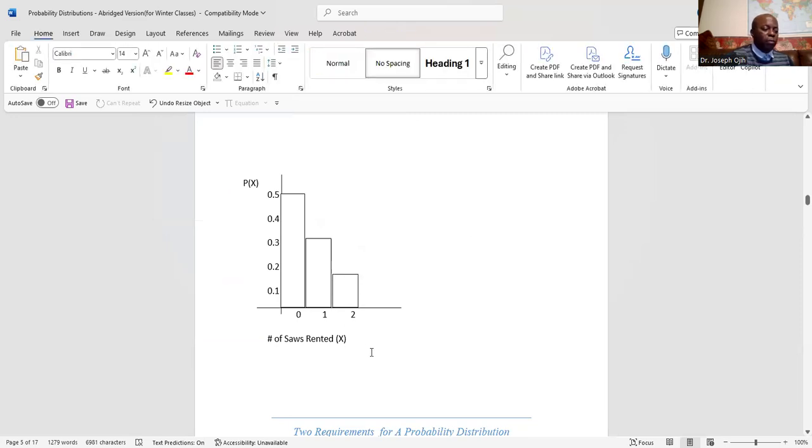So that's the best we can get from that graph. So we have the graph.